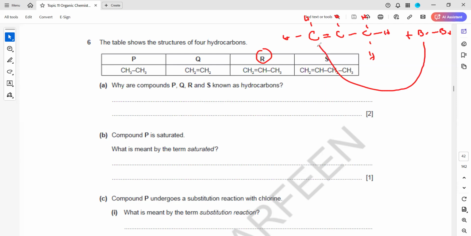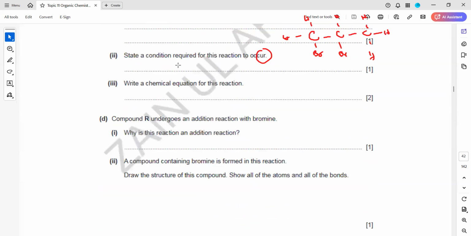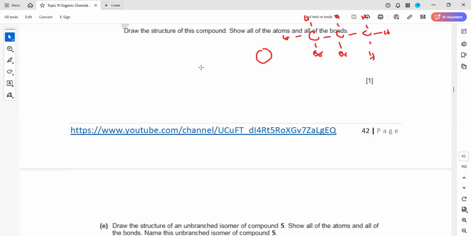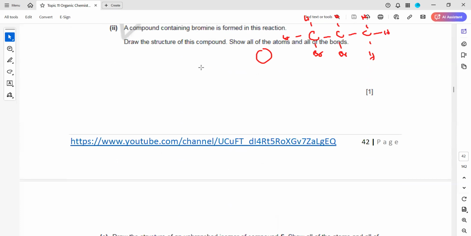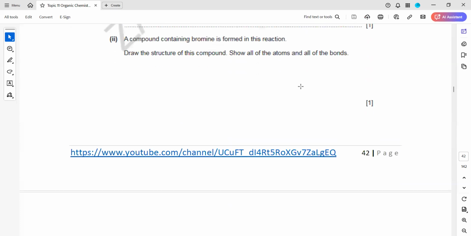One bromine is added to the first carbon, the second bromine is added to the second carbon, and the double bond will break. So you just remove one of the bonds and put two bromines here, Br and Br. And whenever you draw any structure, show all the bonds and all the atoms. Is it clear? Discussion 2, part 2.